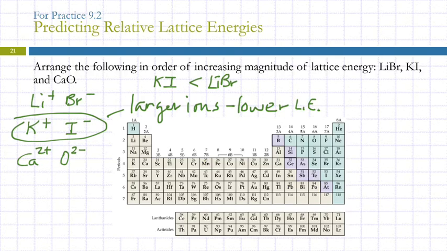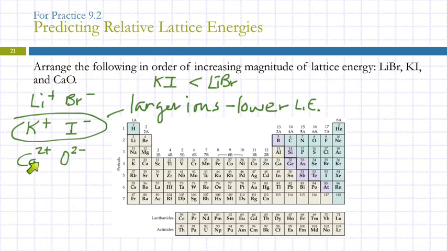So now let's compare calcium oxide to one of these. Well, these have higher charges, right? Is that going to make higher lattice energy or lower? Higher. Okay? Higher charges, higher attraction.